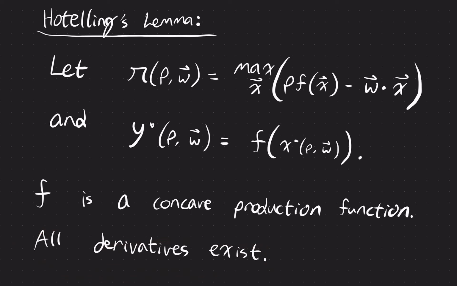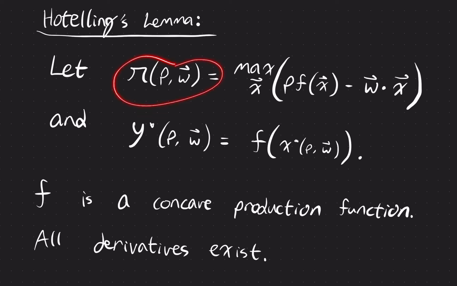First thing we're going to show is the first result of Hotelling's lemma, which is that the partial derivative of profit with respect to the price is going to be equal to this y star of p and w. How can we show that? Well, let's apply the envelope theorem.